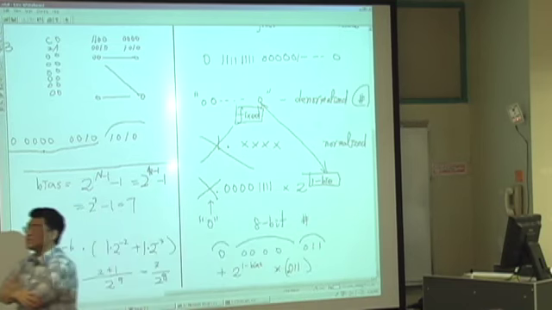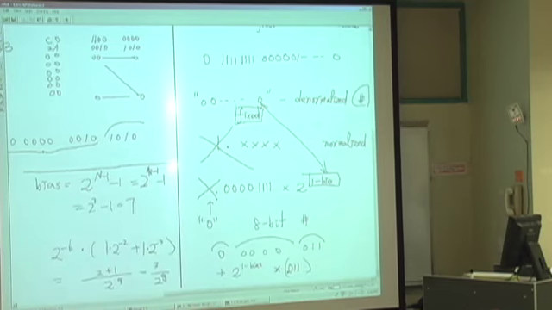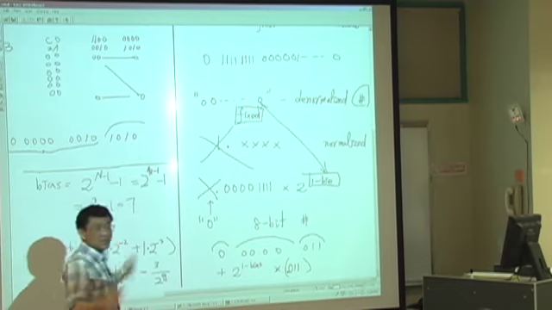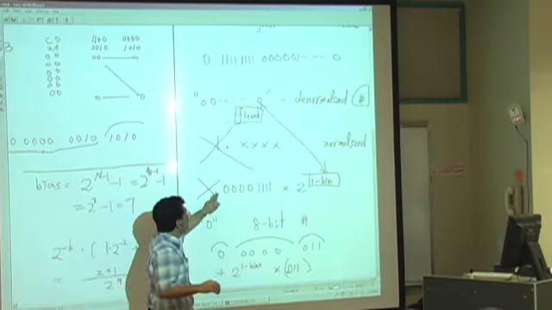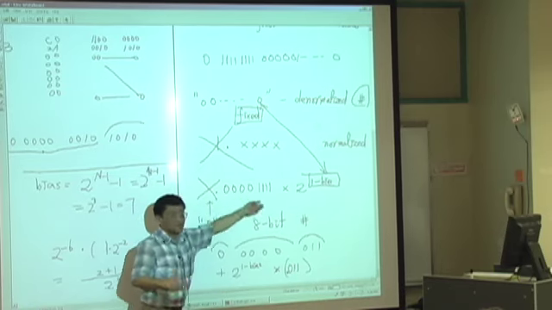So normalized and denormalized are all numbers. Normalized assumes 1 point something. Denormalized does not assume anything. Just point, even 0 can appear here.